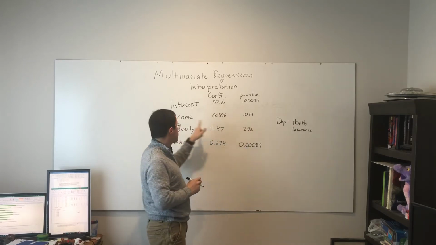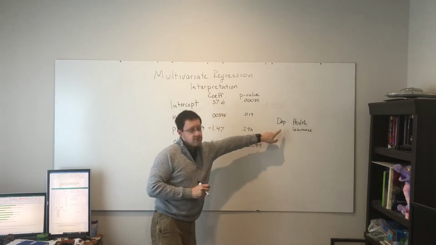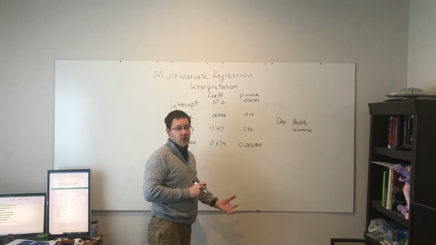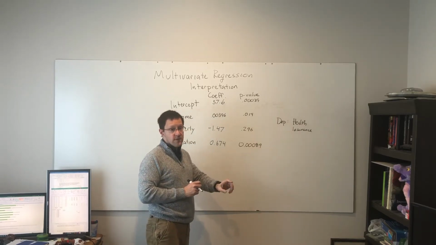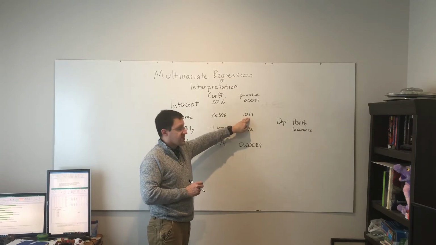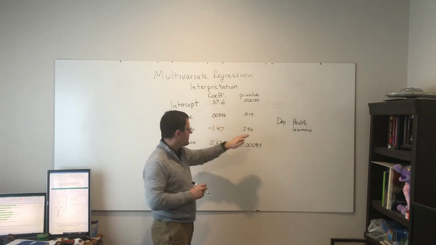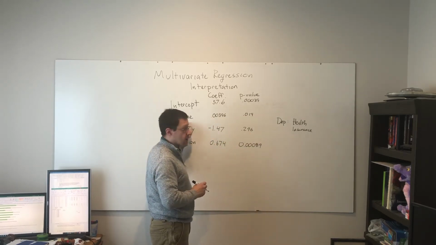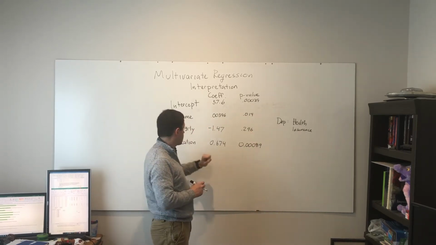This p-value would tell us that income is significantly correlated with health insurance. That is, if I pick 0.05, that will show up, and I can say there is a relationship between this particular independent variable and the dependent.